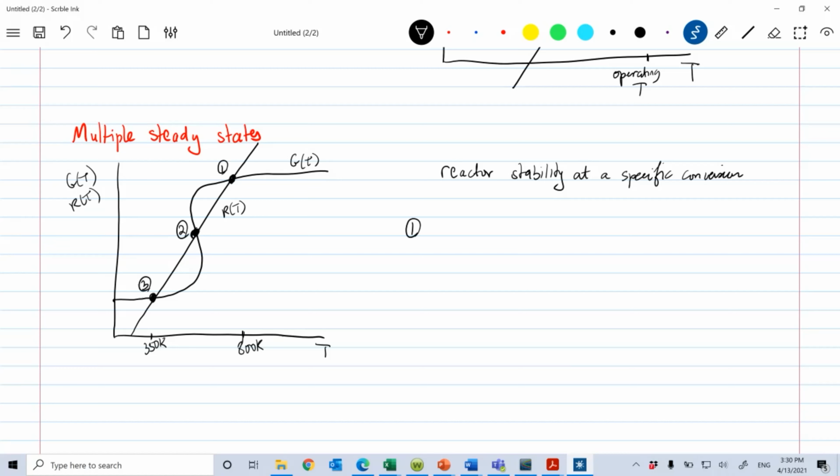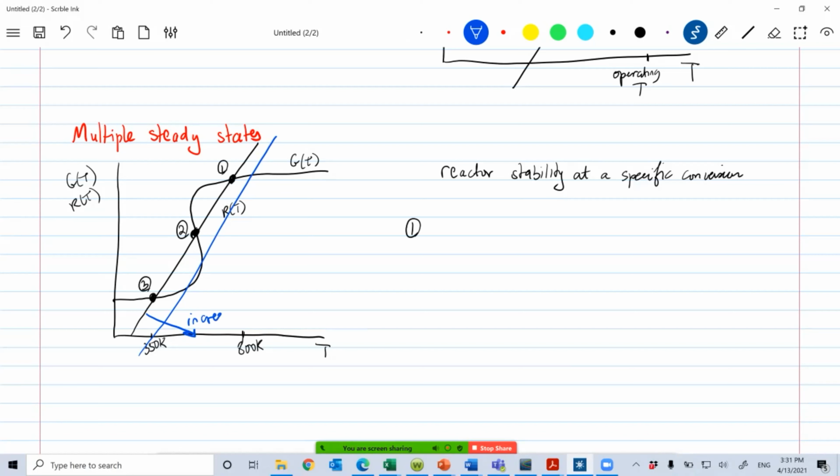The one thing to note is that if you increase T naught, your line is going to move. So this is increasing T naught. Decreasing T naught is going to go the other way, because T naught is in the intercept, not in the slope.